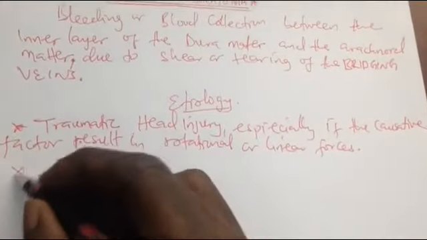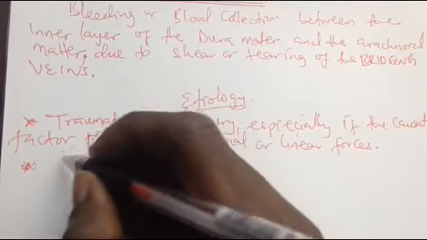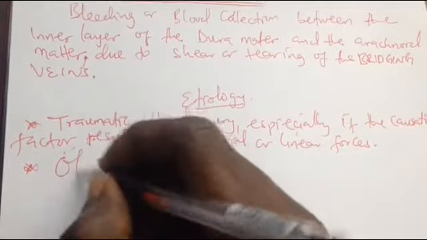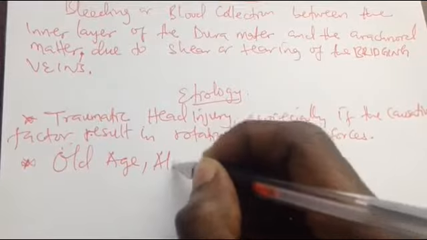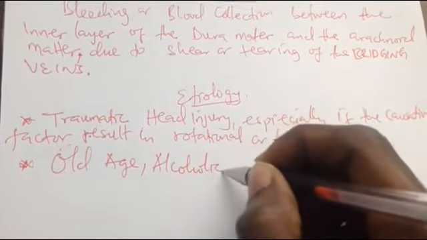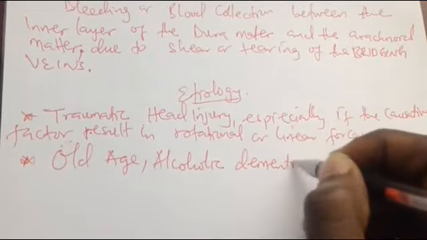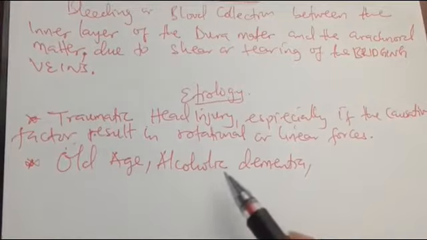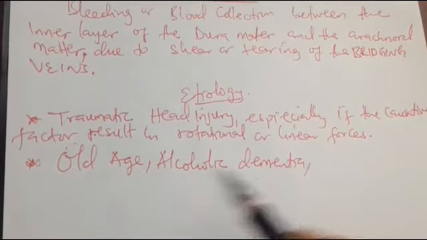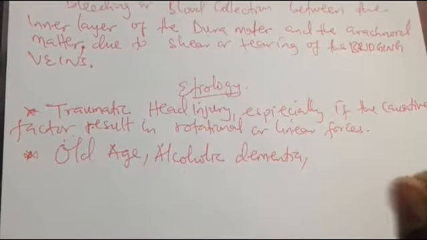Then we have another factor: any factor that may lead to brain shrinkage, especially old age and alcoholic dementia. In old age and also in alcoholics, patients have shrinkage of the brain.